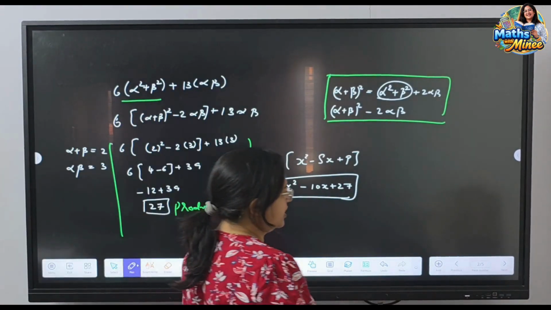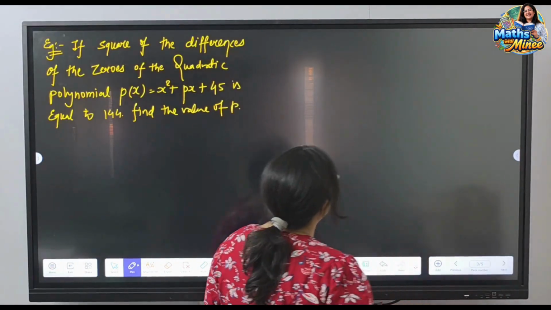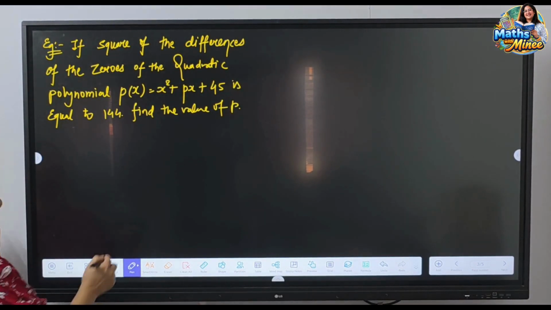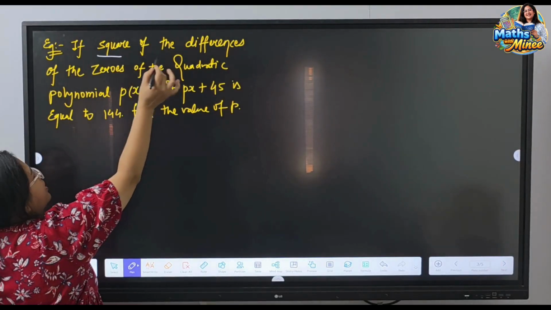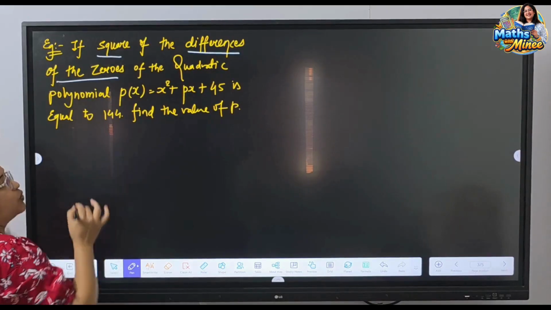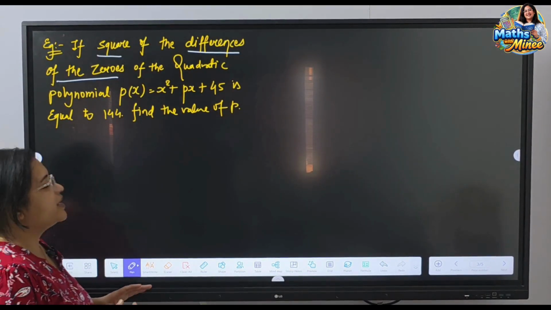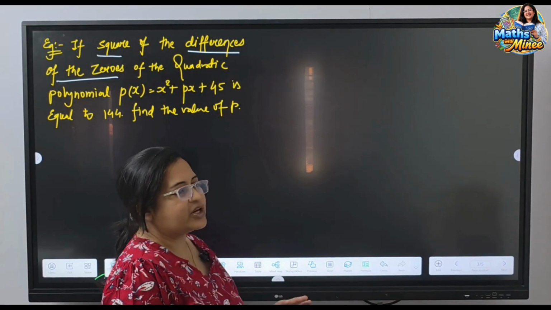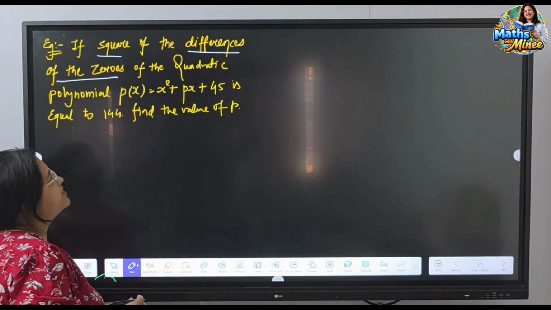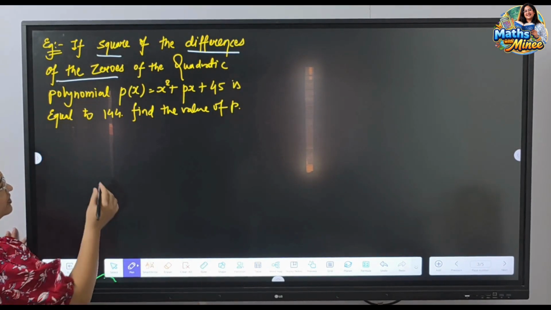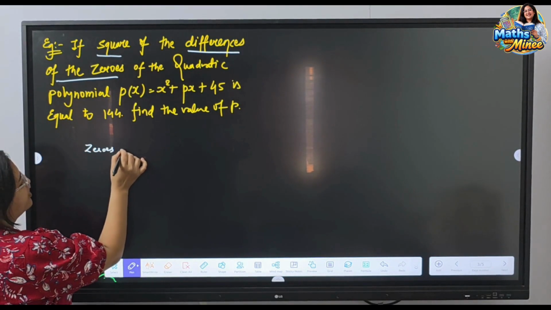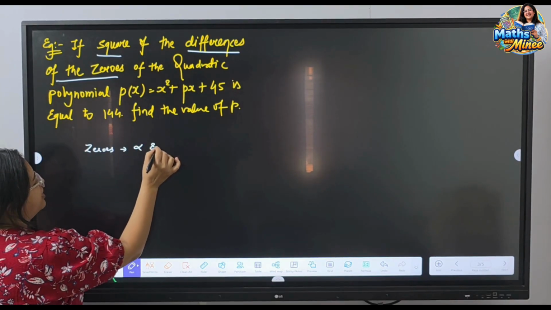Chaliye. So next, let's move to the next question. If the square of the differences of the zeros of the quadratic polynomial is 144, it means you are given the zeros, and you have to take the differences of the zeros. Let us say we can denote the zeros with alpha and beta.